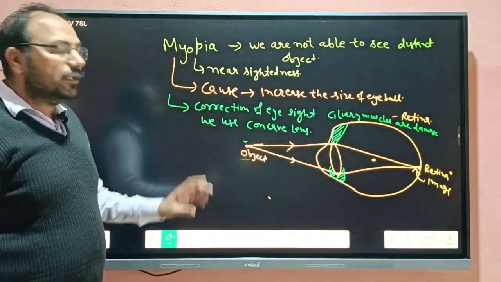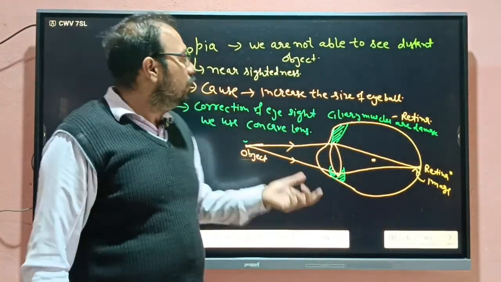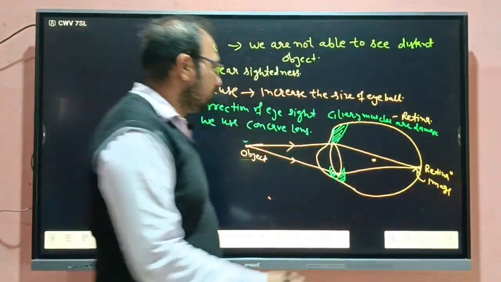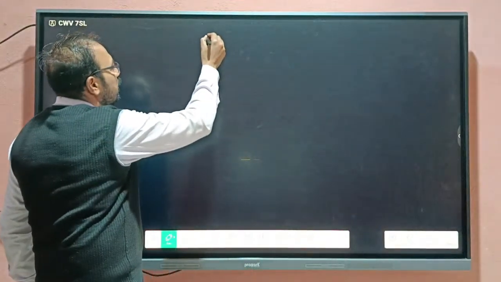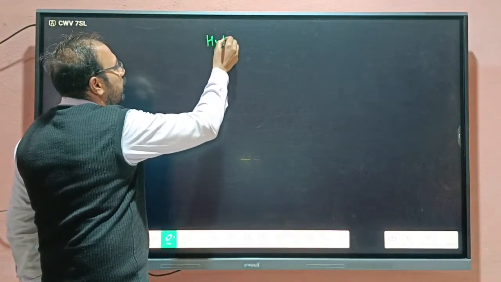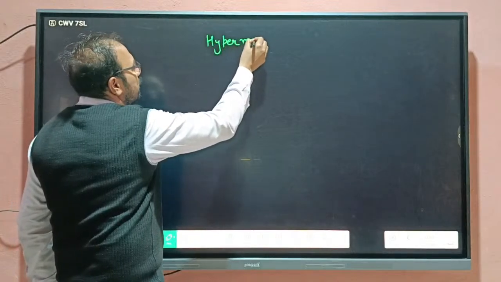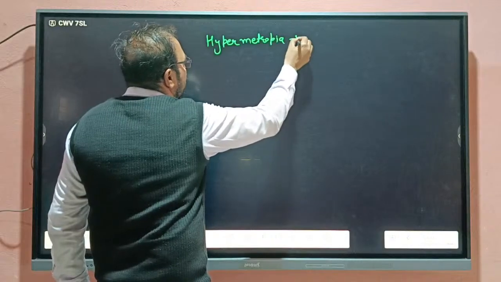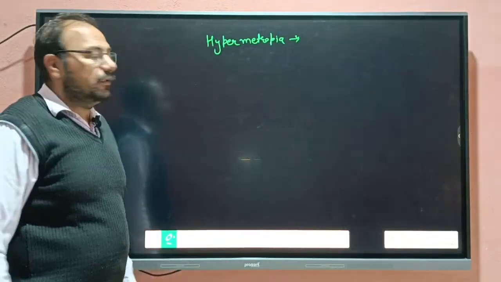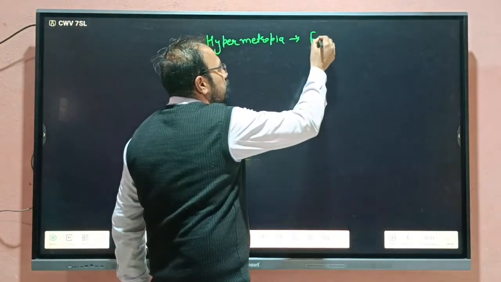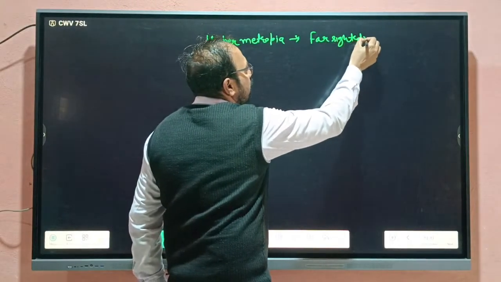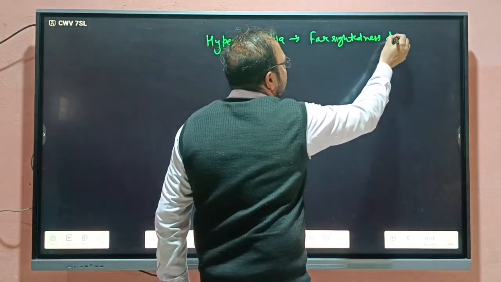Next is hypermetropia. In hypermetropia we cannot see the near object. That is known as farsightedness defect.